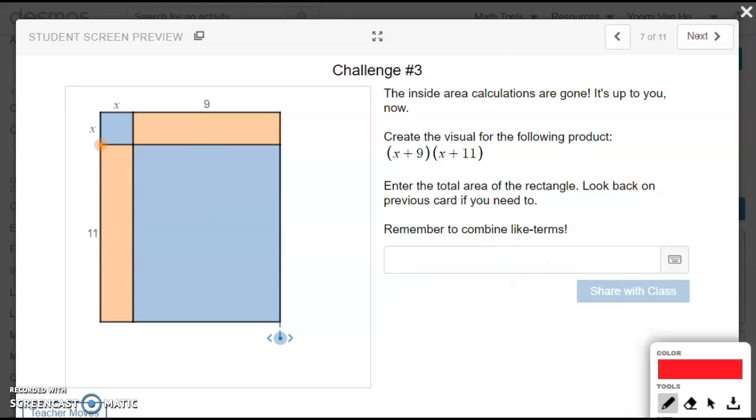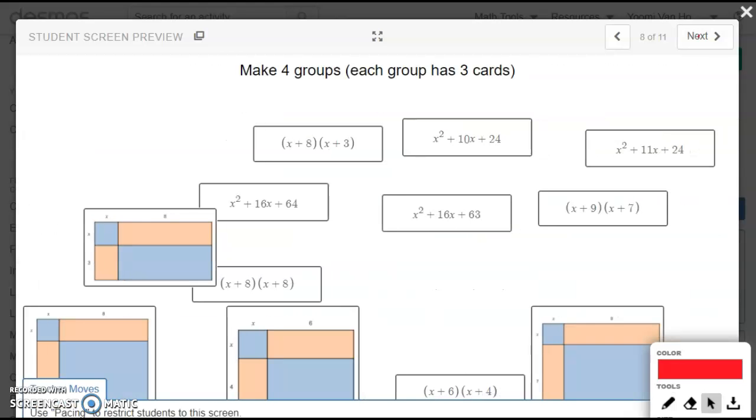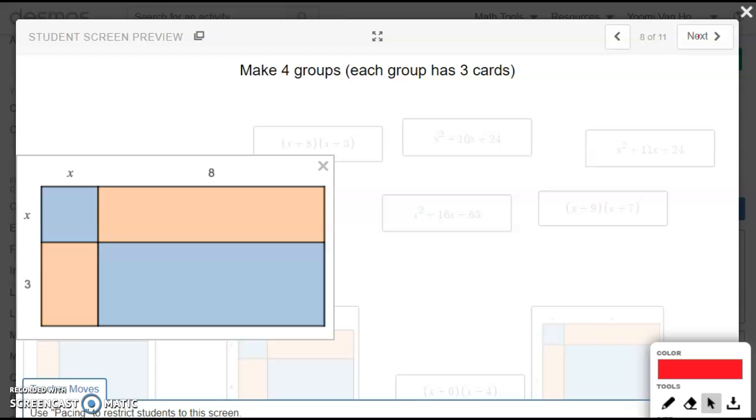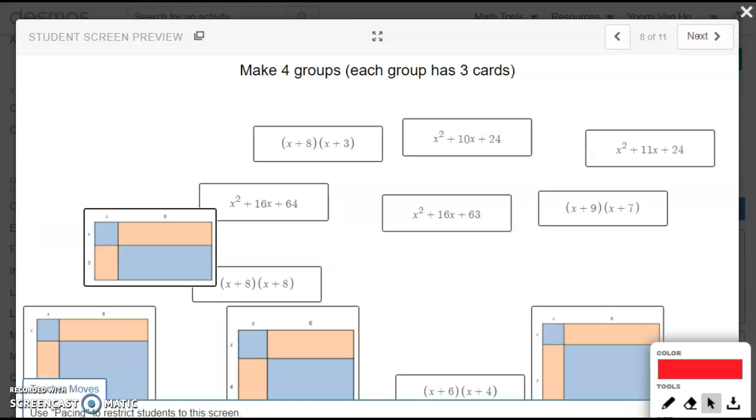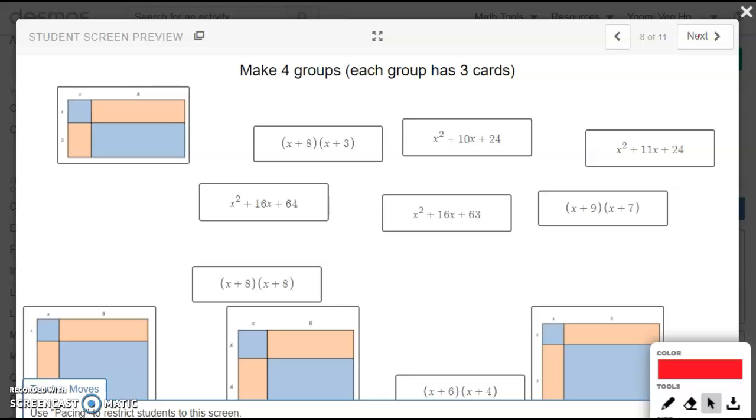Okay, let's go to the next card. Alright, so now this is another card sort. This time this is with variables. If you cannot see very well, you can always click on it and it's going to get bigger for you. So x plus 8 multiplied by x plus 3.